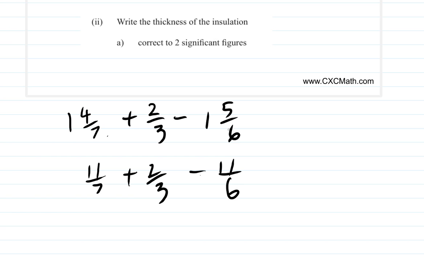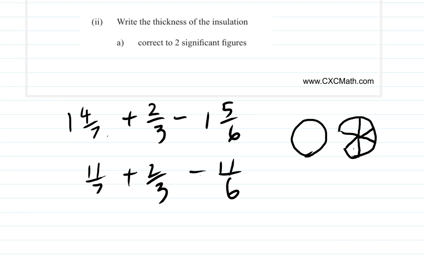Now, just as a reminder, what really happened here? How did 1 5/6 become 11/6? What you have is one whole object, then you have 5/6. If you cut this into 6 equal parts, so I have 1 2 3 4 5 6, 6 equal parts. Now I want 5/6.